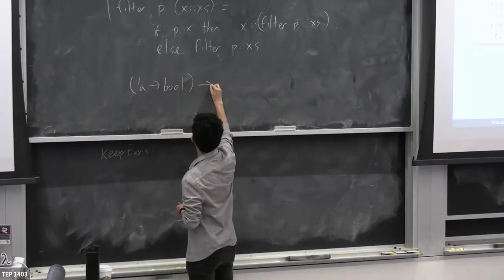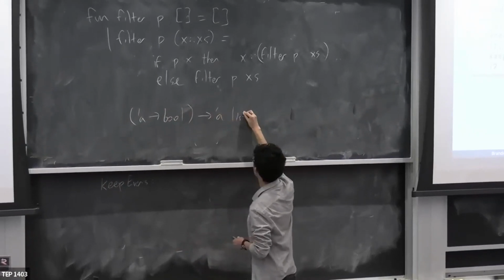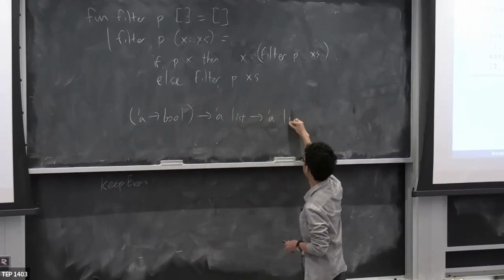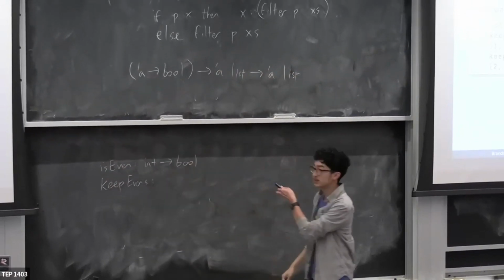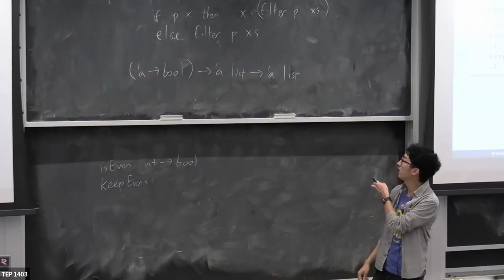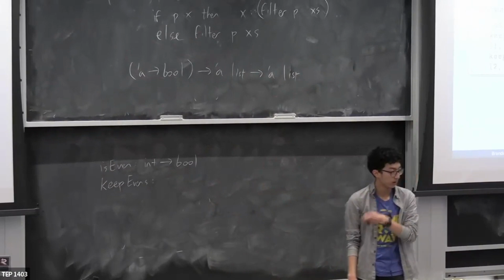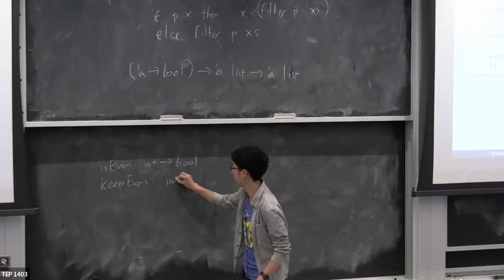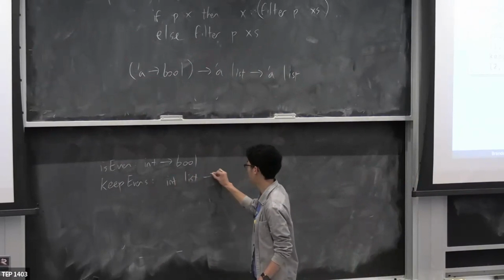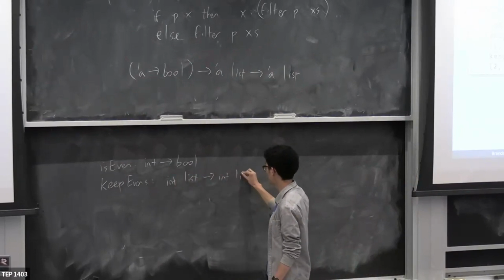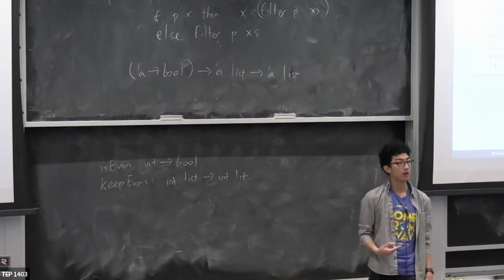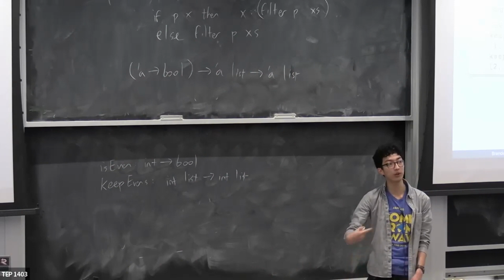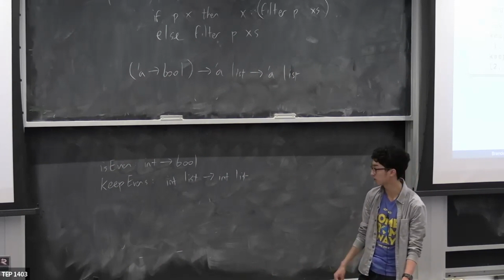Alpha to bool to alpha list to alpha list. So the type of keep evens, given this int to bool function taking the place of that, is going to be whatever's left, but with alpha replaced with int. So I've claimed to you that keep evens is of type int list to int list. Because I've partially applied it, even though filter takes in 2 arguments, I've given it only 1. That's okay because of partial application.